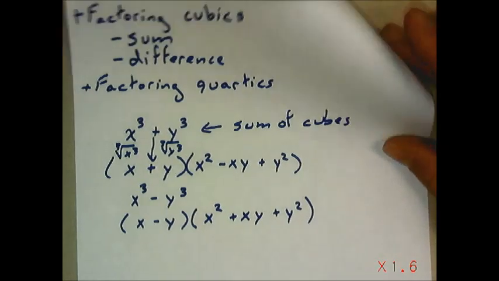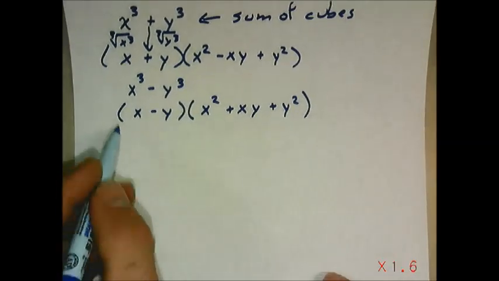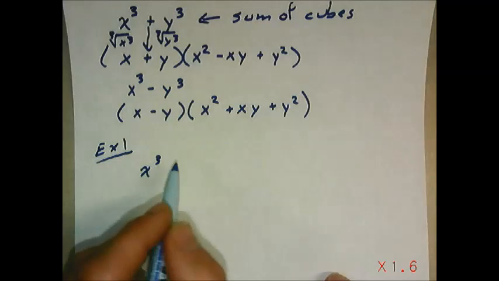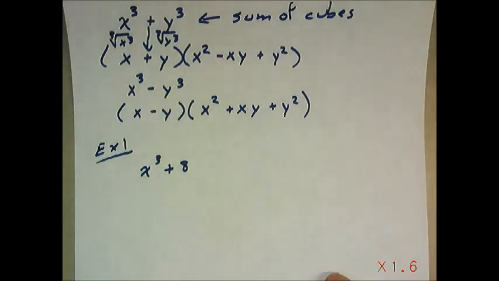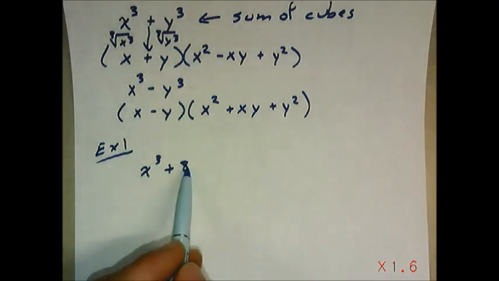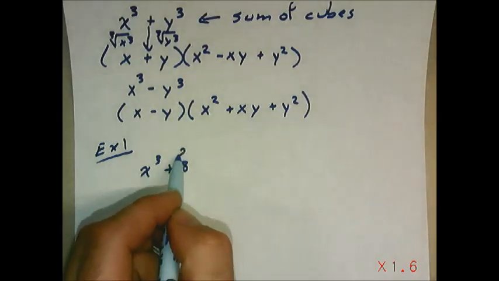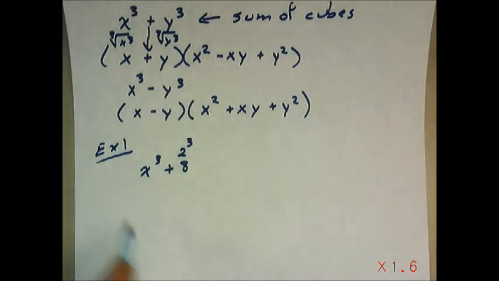So let's go ahead and put some numbers into this, example 1. Let's take x to the third plus 8. Notice we have two cubes, x to the third, and 8, which is equal to 2 to the third.